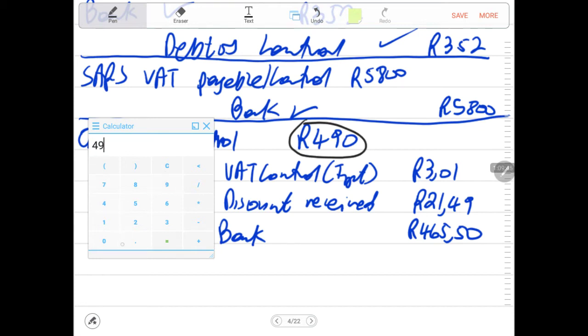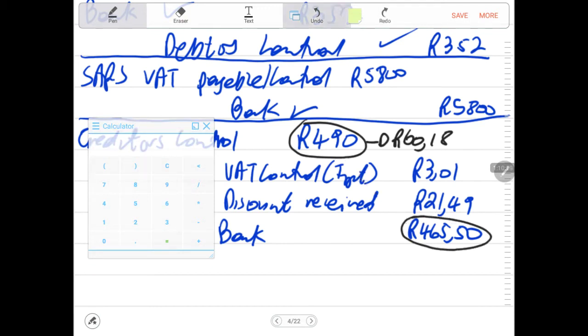We said 490 by 14 over 114, and we told SARS, this is the VAT that you must give to us as input VAT, R60.18. And SARS gave us the R60.18. But we paid less. And we paid less than what we were supposed to have paid. Then SARS will say, no, give me part of the VAT. You claimed too much because you paid a lesser amount.